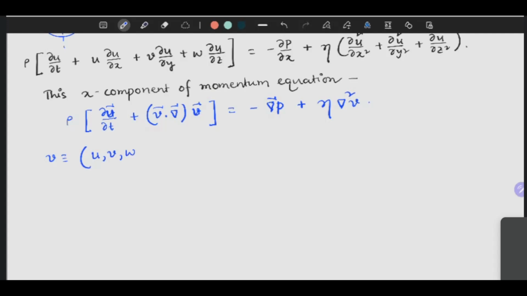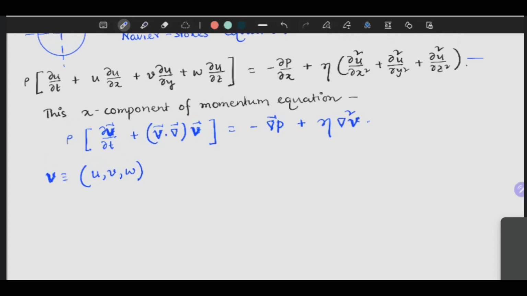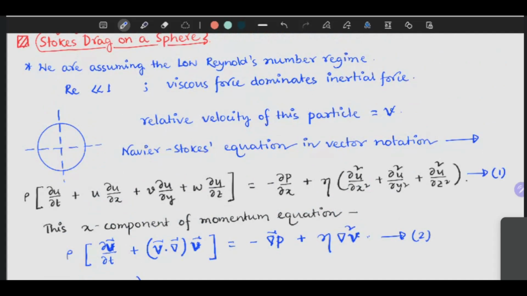So this V is different, this is a capital V. So in that way this is equation 1, this is equation 2. This relative velocity is capital V, let's say.